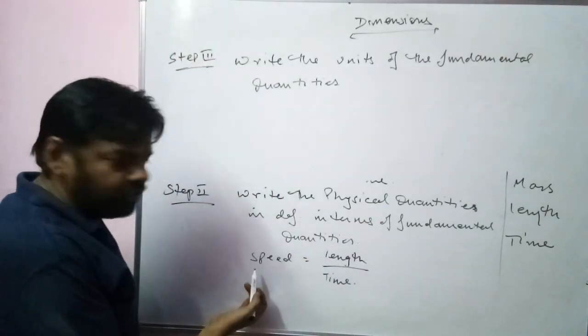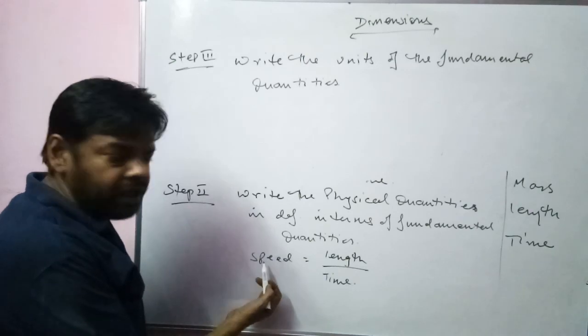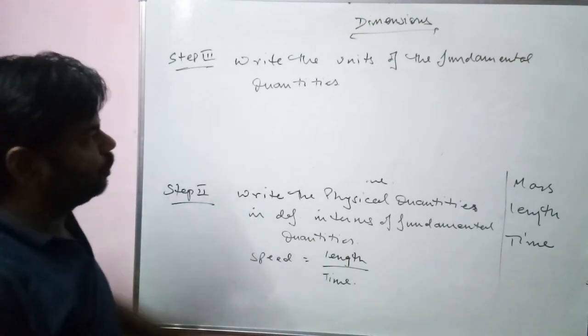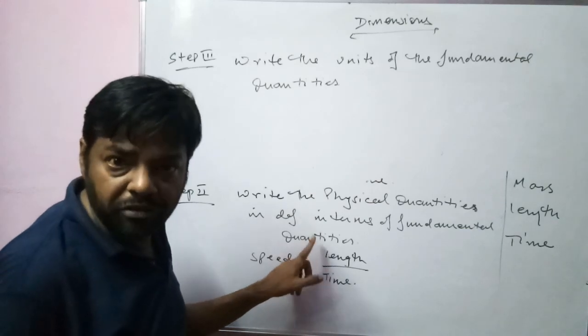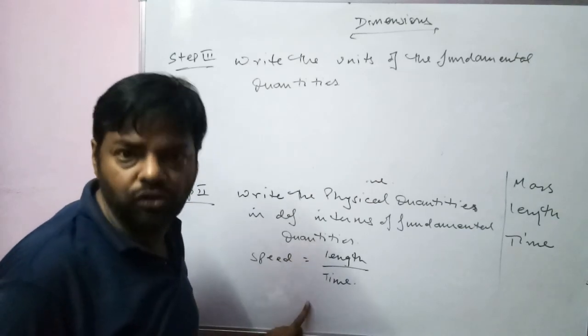Step 2 gives a clear relationship between the derived quantity and the fundamental quantities. So in step 3, you have to just write out the units of the fundamental quantities which are present in this relation.